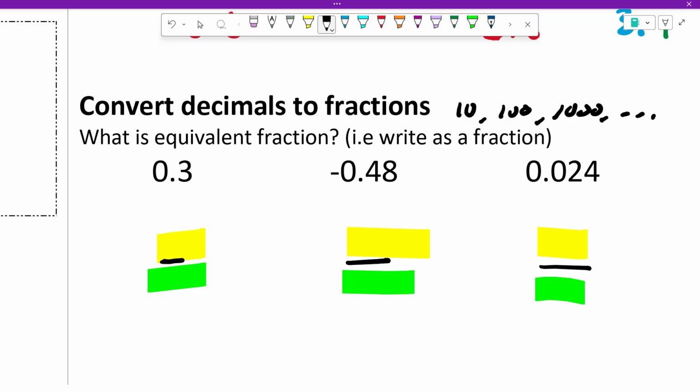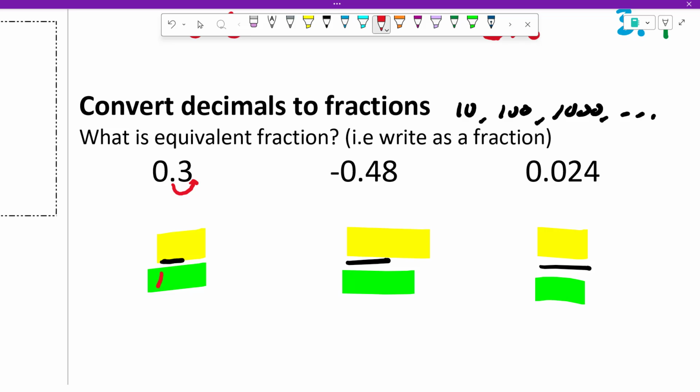That's your denominator. How do you know which one it is? You count the decimal places after the dot. There's one decimal place, so our denominator is going to have one 0.